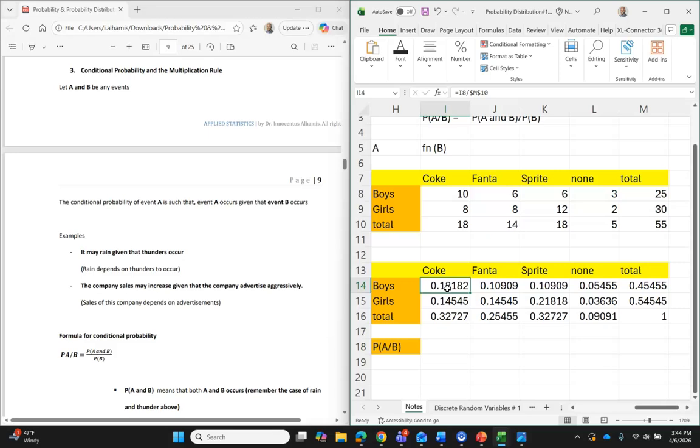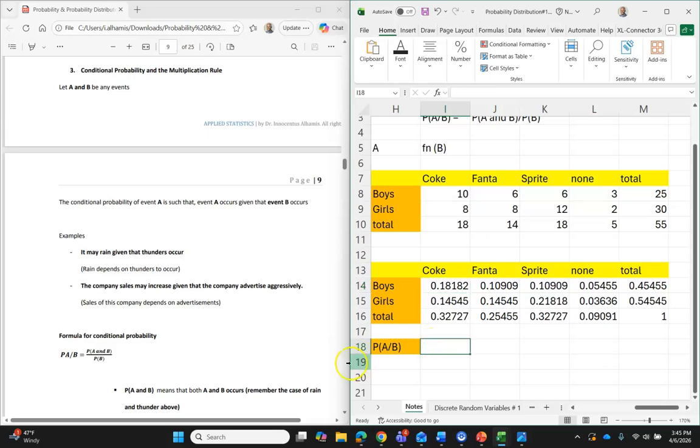We are talking of a condition here. So that means Coke is a condition. If we have Coke, what is the chance that the customer, who is a boy, will buy Coke or will buy soda if just Coke is available? That's what we say here.